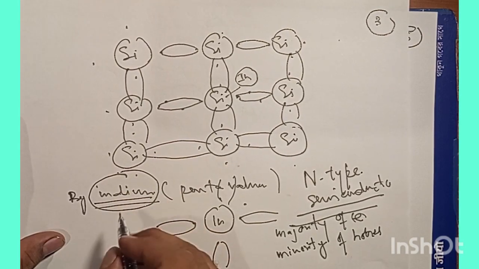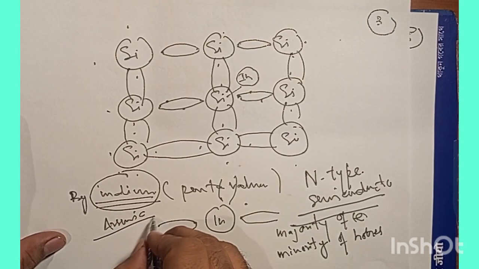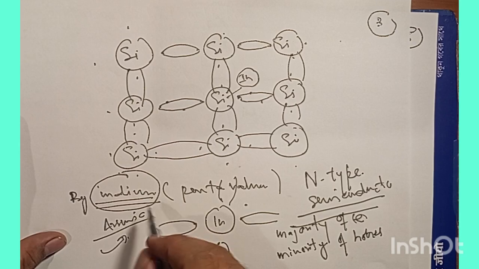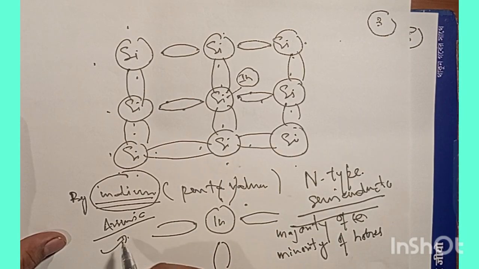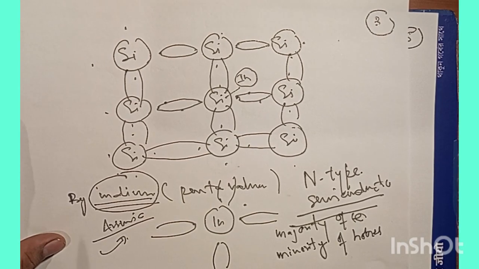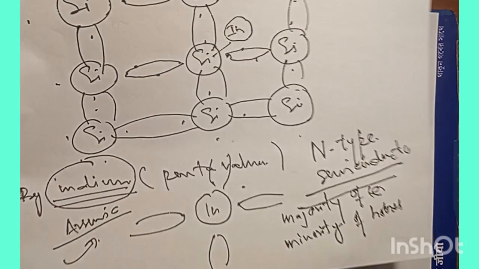It should be arsenic or antimony. The atom that will replace silicon in this case has to be pentavalent. Indium is not a pentavalent impurity; it's a trivalent impurity. So this needs to be corrected.